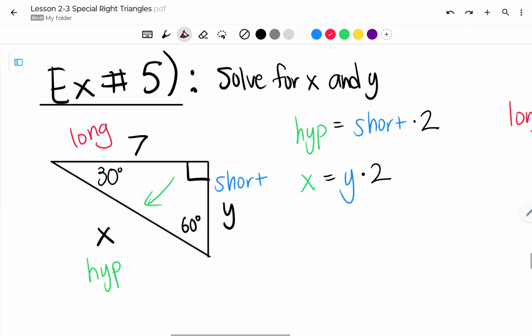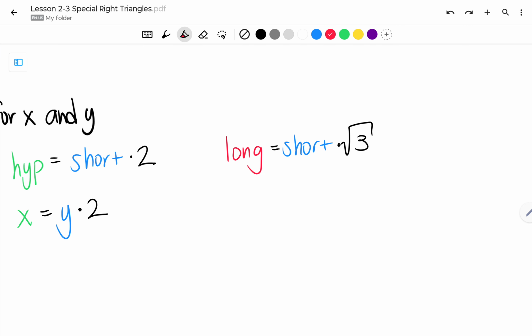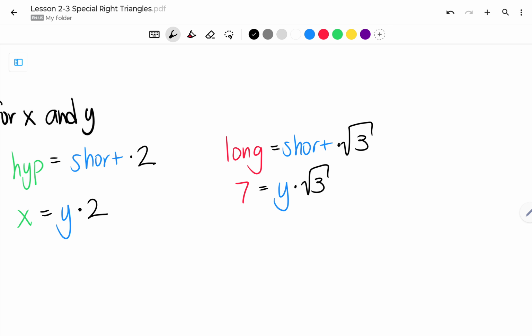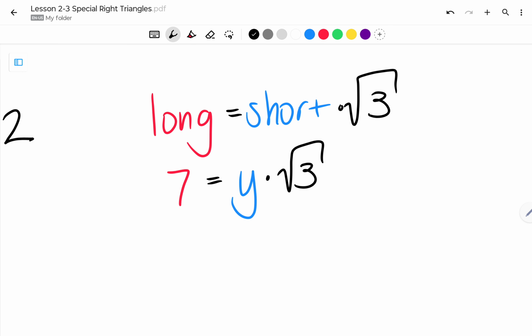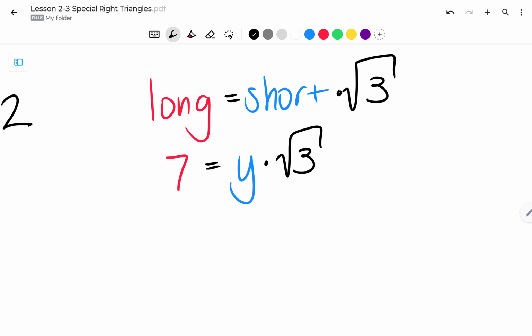Let's move on to the other equation and see if we can do something with this. The long side is 7, the short leg is y. So 7 equals y times root 3. Can I solve for y here? Yes. We need to get y by itself. So we have times square root 3.